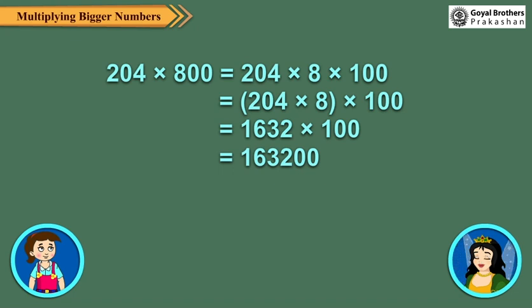In the same way, to multiply a number by 2000, 3000, 4000 till 9000, we first multiply the given number by 2, 3, 4 till 9, and then insert 3 zeros on the right of the product.